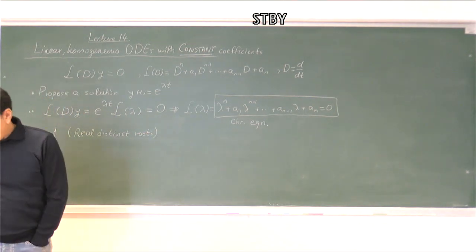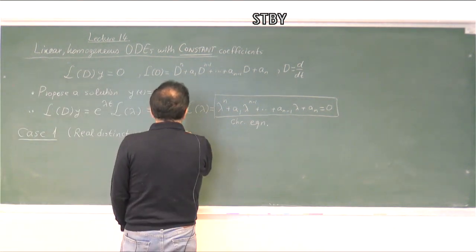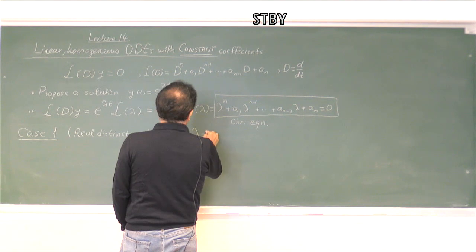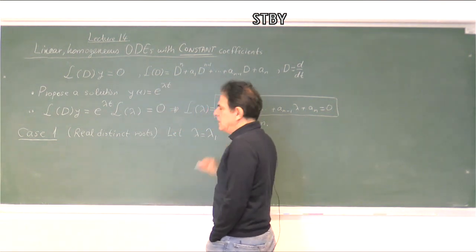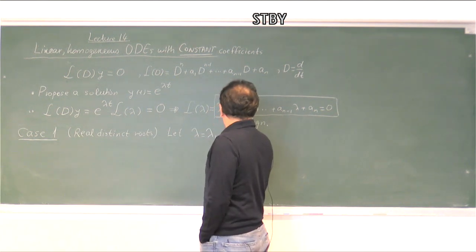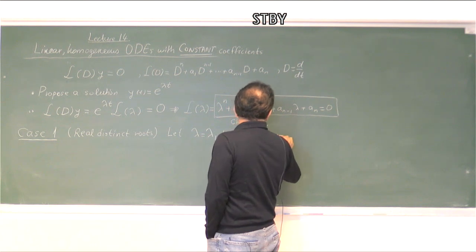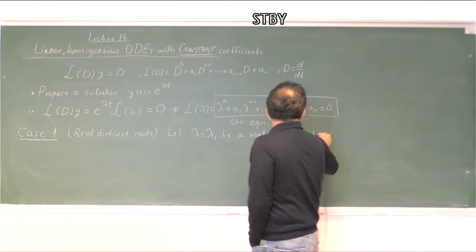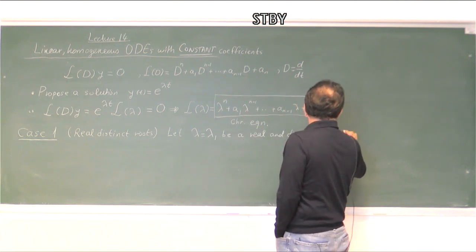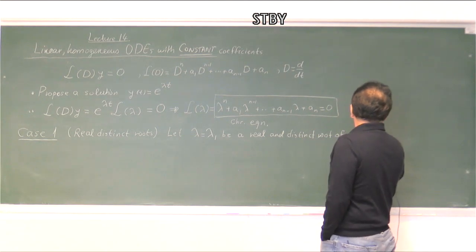Let lambda 1, a specific number, be a real and distinct root of L(lambda) equal to 0.